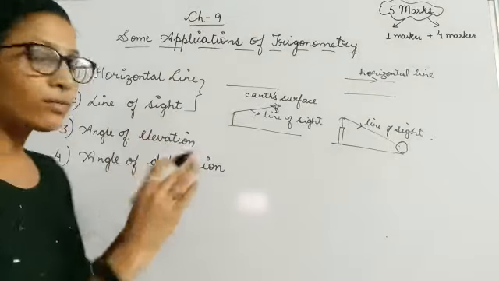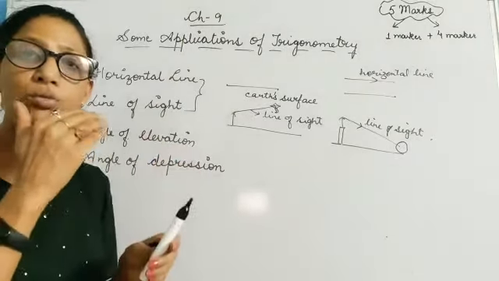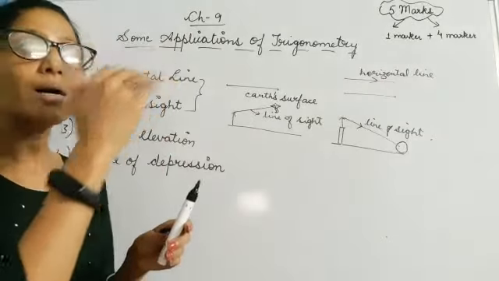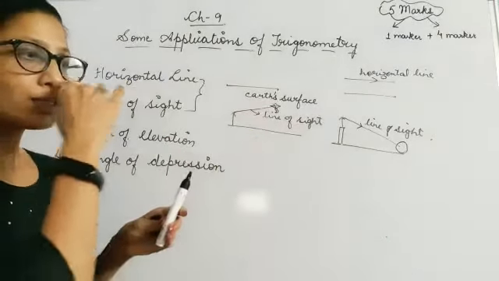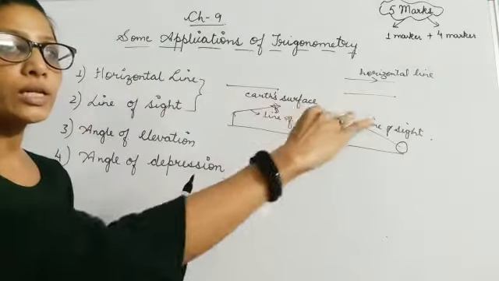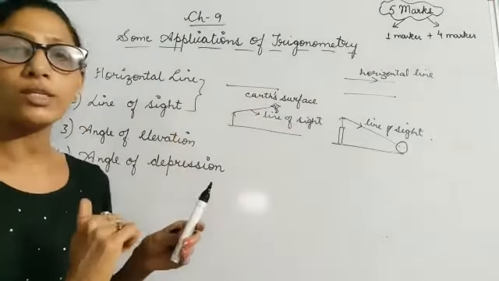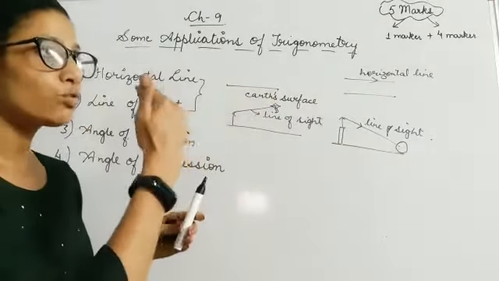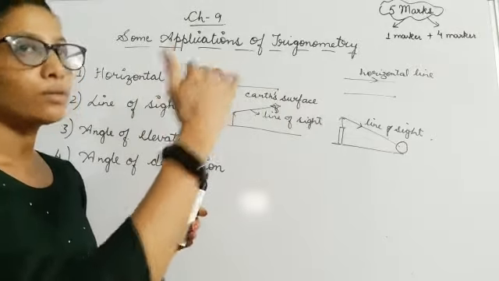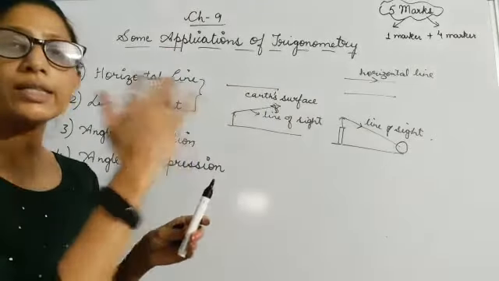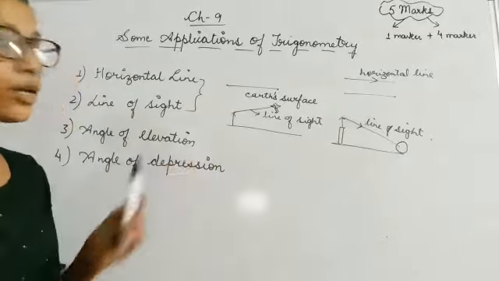So angle of elevation is that in which we have to raise our eye above the horizontal line. Let's see, this is the horizontal line which is parallel to the surface of the earth, and if I have to move above of this horizontal line, then it will make angle of elevation.